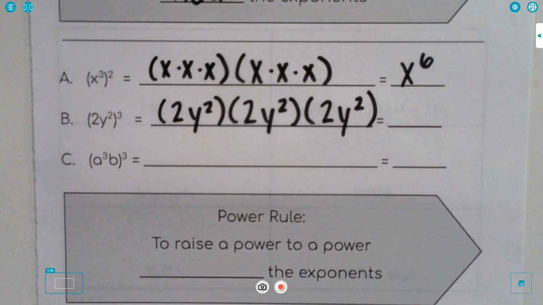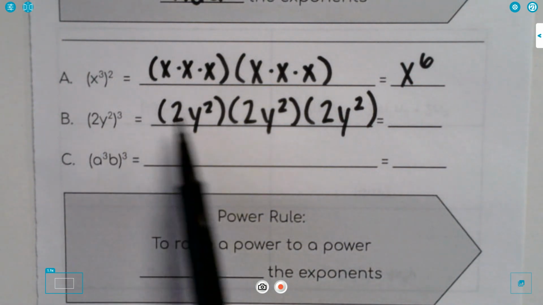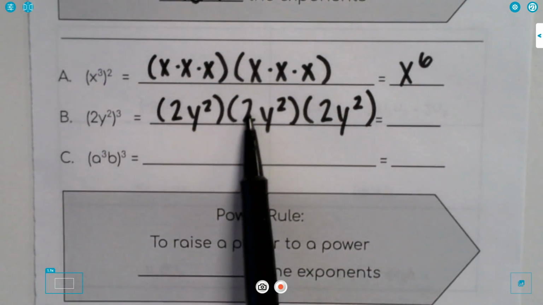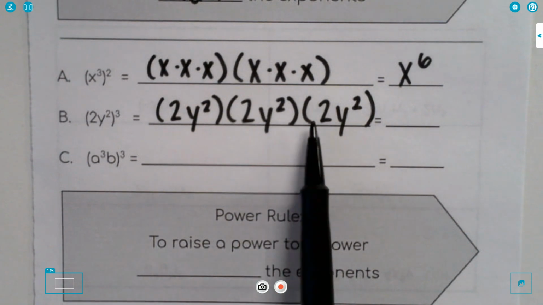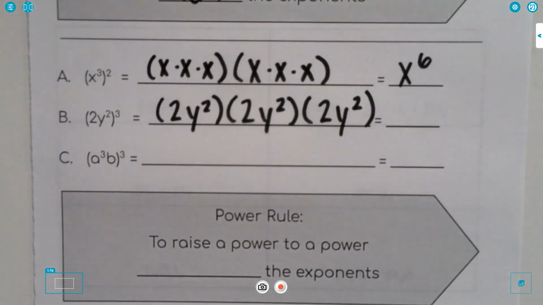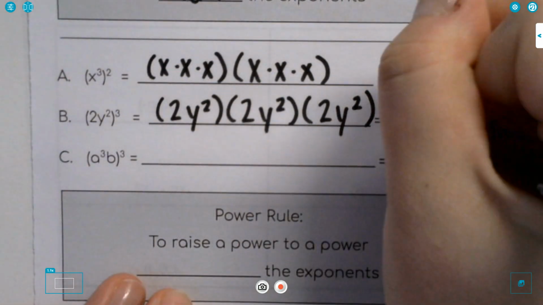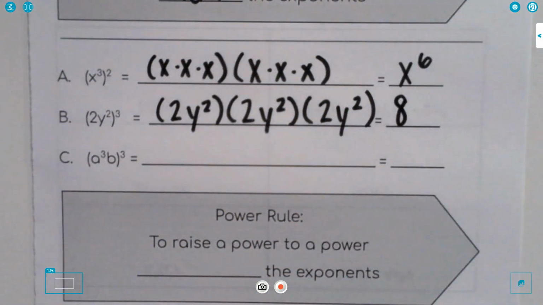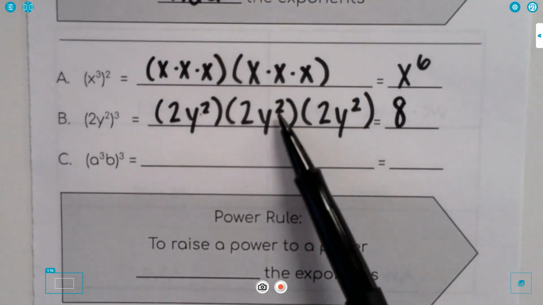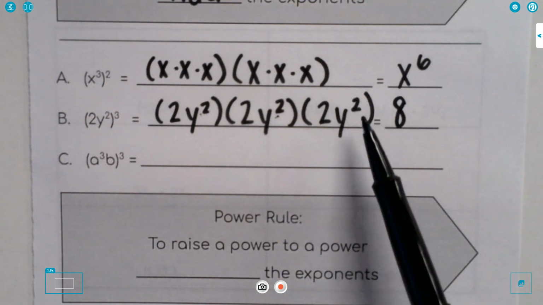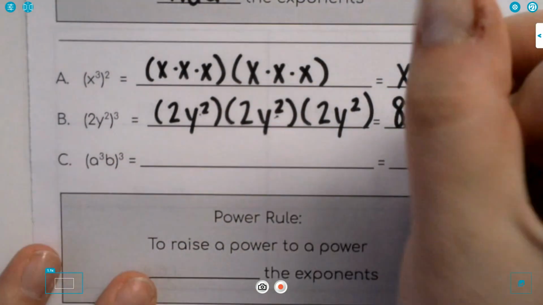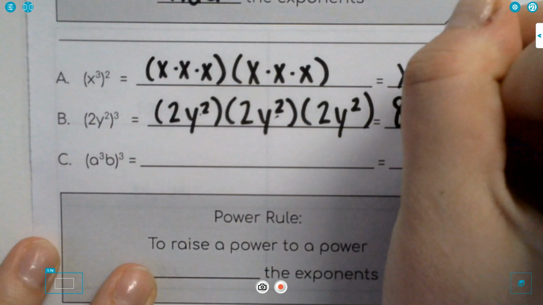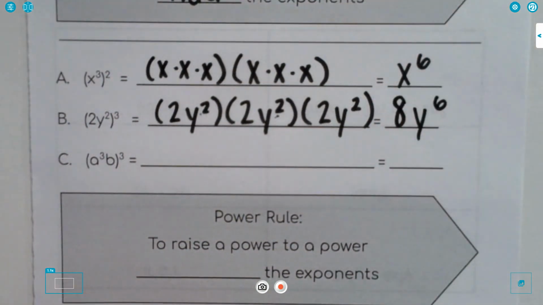If I need to multiply all those together, what is 2 times 2 times 2? 8, not 6, 8. Then I'm going to use my product rule that we just came up with, the adding one, and I'm going to add 2 plus 2 is 4, plus 2 is 6. This final answer here is going to be 8y to the 6.